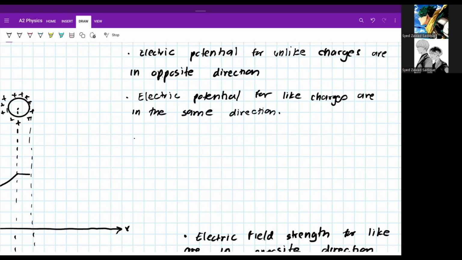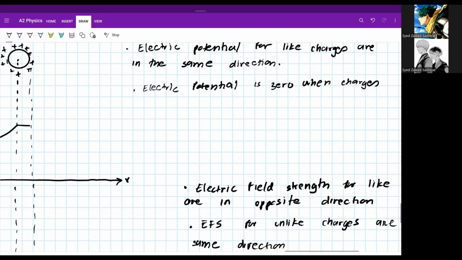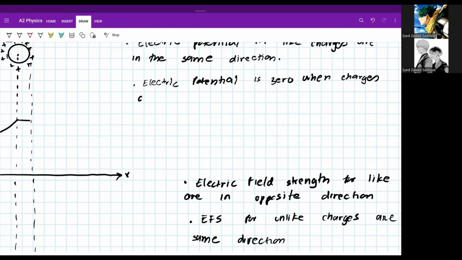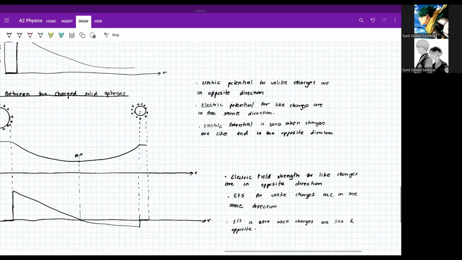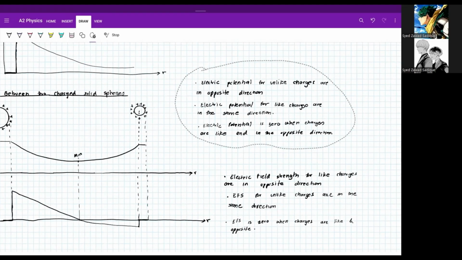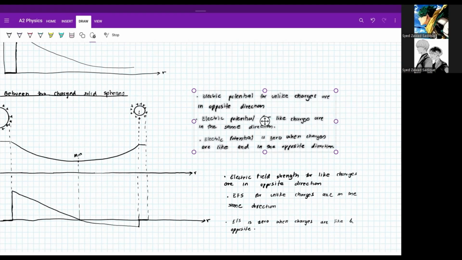Therefore, electric potential is 0 when charges are like and in the opposite direction. Nice. So these are the points for electric potential and electric field strength that will come in handy when you guys face questions correlating to this concept.